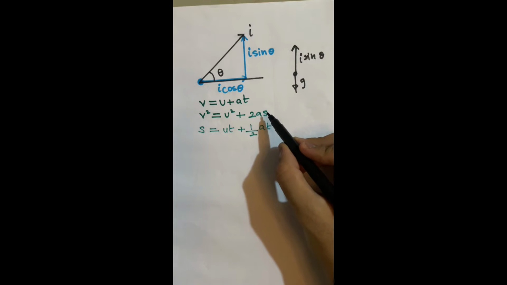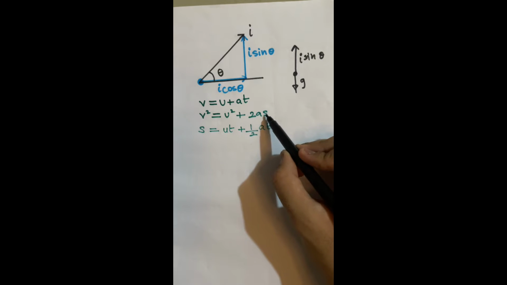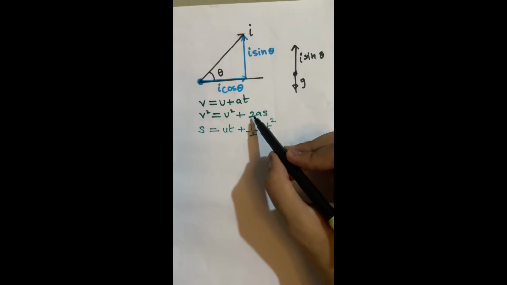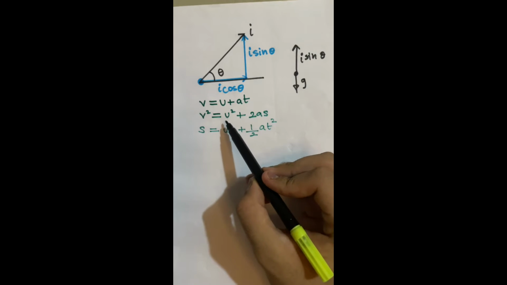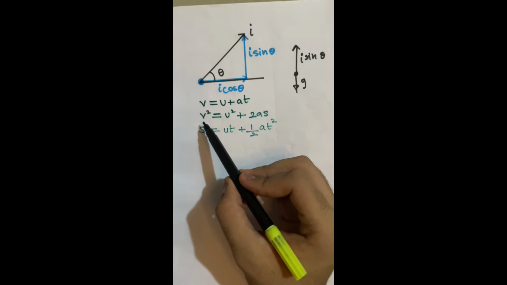If we take the vertical motion of our object till it reaches its maximum height, then we can take S as the maximum height, A as the acceleration due to gravity g, but it will have to be negative as g is acting in the downward direction and our object is going upward. U will be I sine of theta and V will be 0 as the object will stop when it reaches the top.